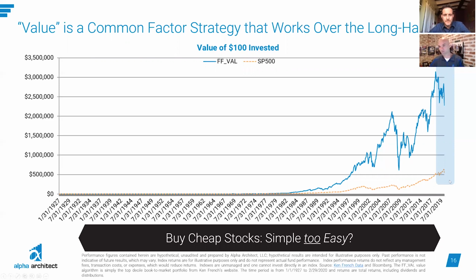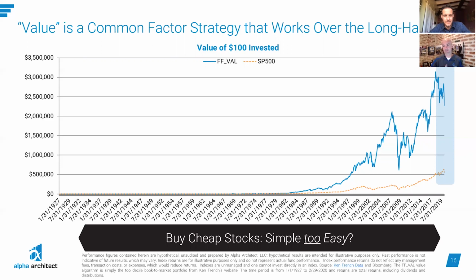And then the S&P 500 is obviously the broad US market. If I was smart, I could have built one for the Spanish market, but you guys don't have as much data that I can access going back 100 years. The main point of this chart, though, is that over the ultra long term, this is around 90, 100 years, value outperforms the market over the long haul.